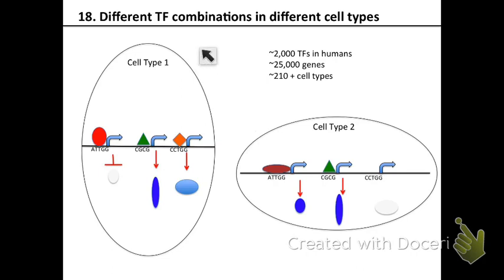This figure is not depicting combinatorial control. It's just depicting a very simple situation. If there was one transcription factor controlling one gene, to repress or activate that gene, you will create different cell types because you're going to have different numbers and amounts of the functional products. Okay, and that's the basis of it.